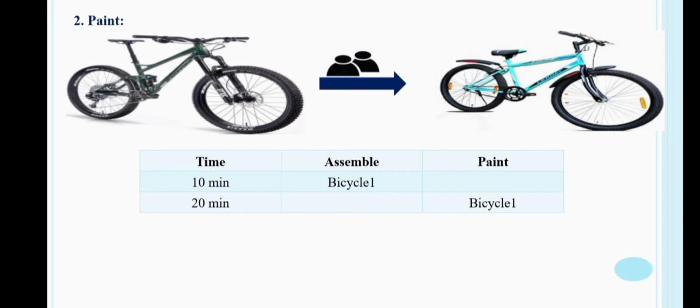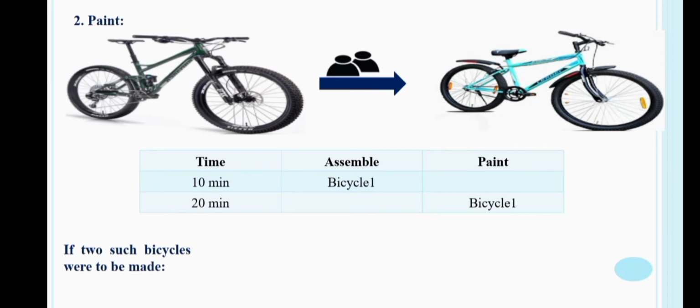Suppose there were only two persons working on the making of a bicycle, then both persons would have to do the work at both processes. They would move along with the bicycle to each new process. In this case, it would take 20 minutes to complete one bicycle.